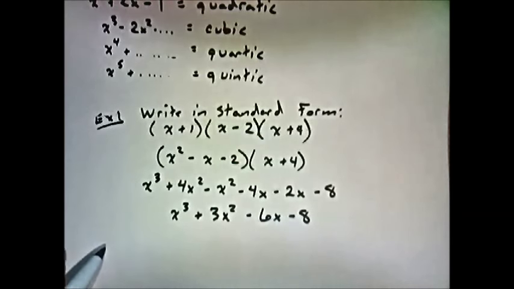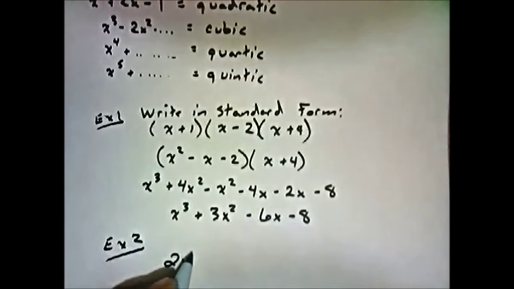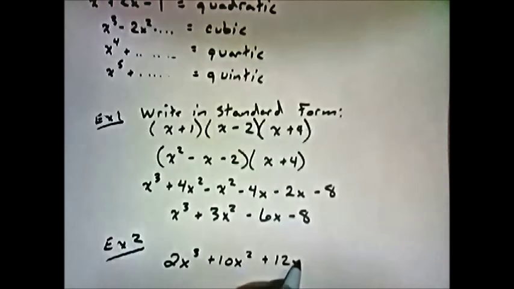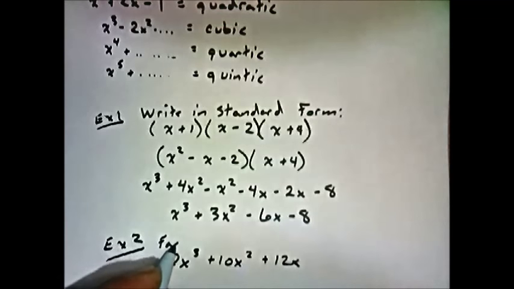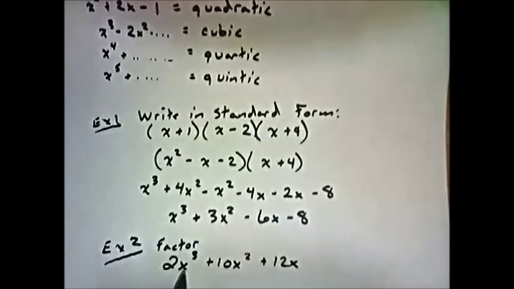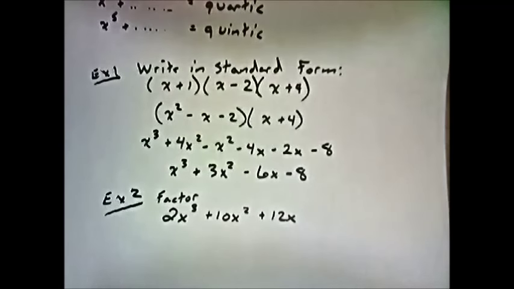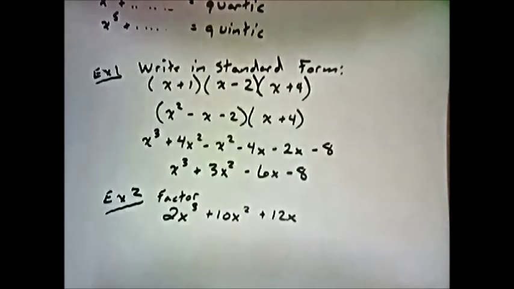In example 2, we're going to start with a cubic, and we're going to factor it. So we have 2x to the third plus 10x squared plus 12x, and what I want you to do is to be able to factor this. Remember, the first step in all factoring is to look for a GCF. Our GCF for 2x to the third, 10x squared, and 12x would be 2x.